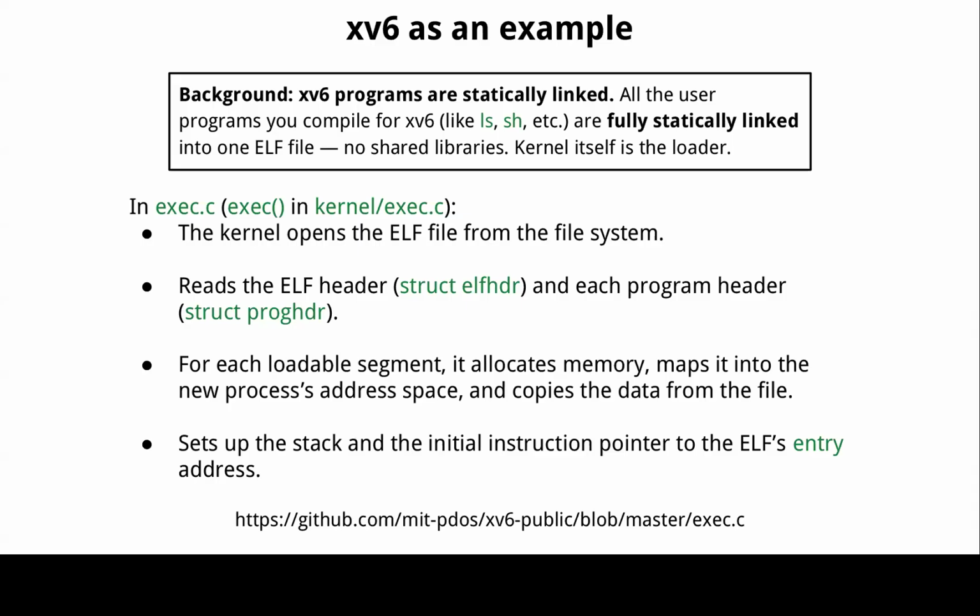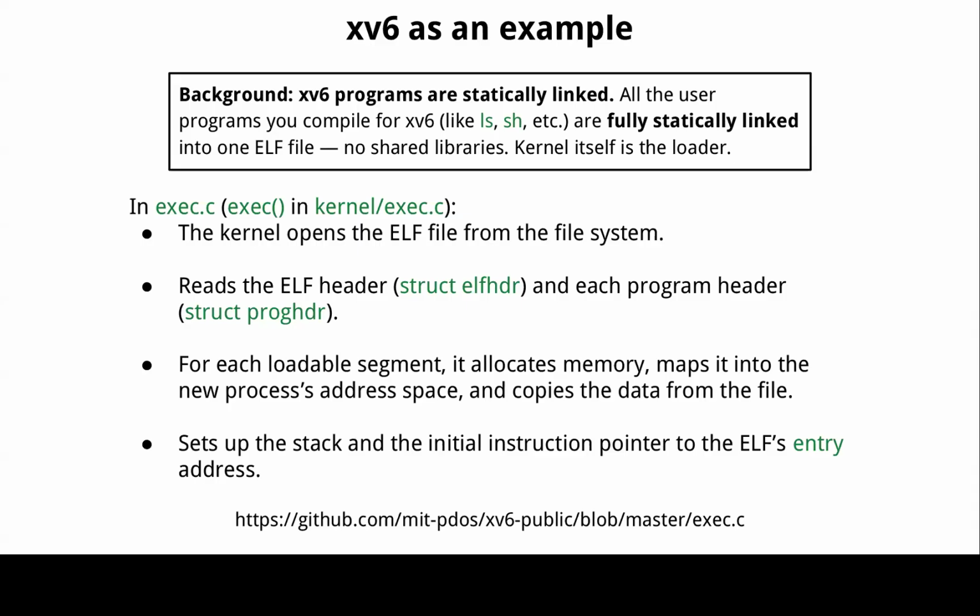So this piece of code will basically open the ELF file itself from the file system, because it's a program, it's a file. We need to open that file from the file system, but we're not going to use functions like open or read, because those functions are for userland applications. Those functions are not implemented in the kernel level. The kernel has its own functions.